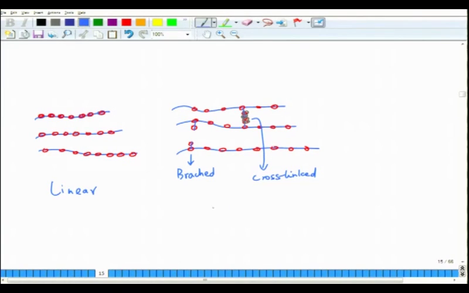A networked structure could be something like this, less common, but it is possible. You have molecules sitting here, here, here. So, this is a networked structure just like you saw in glass, quartz.